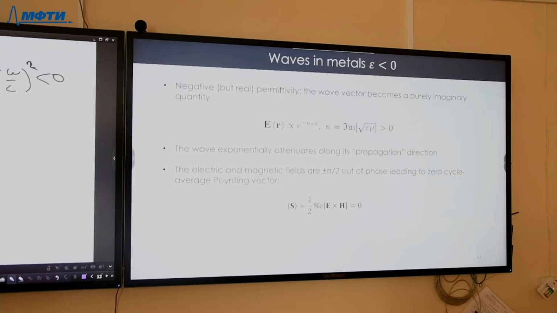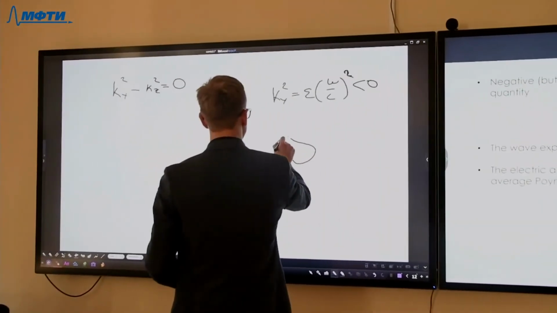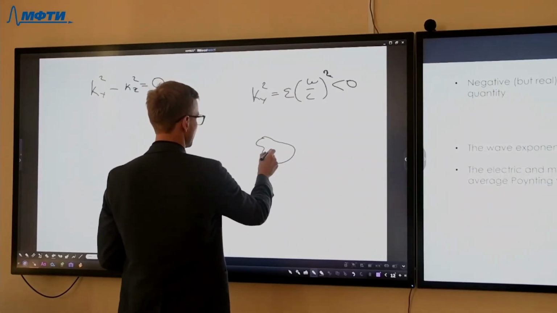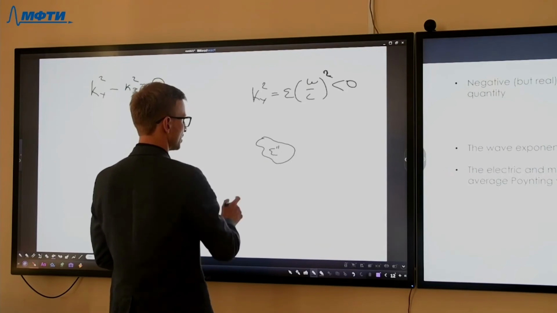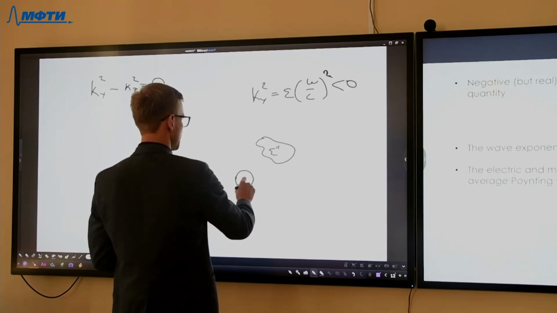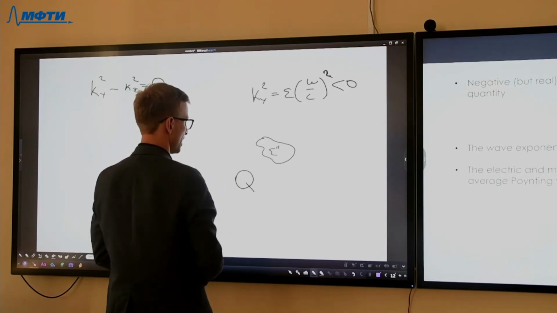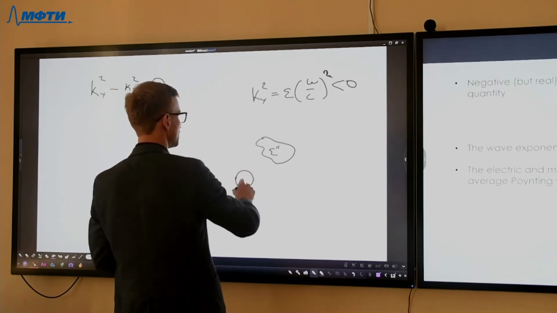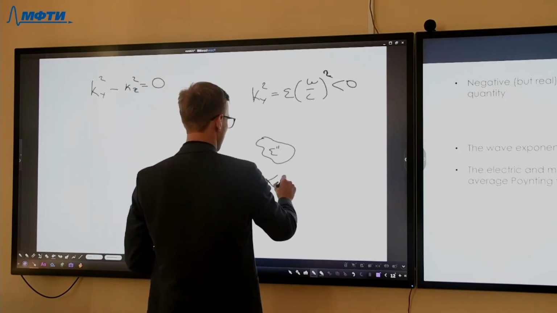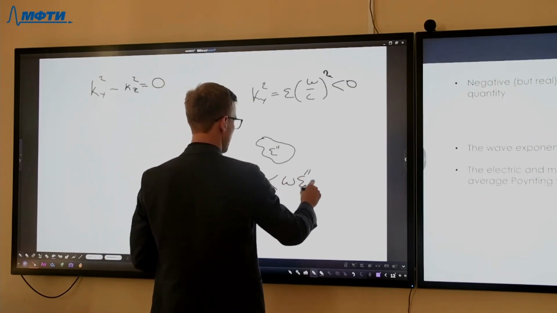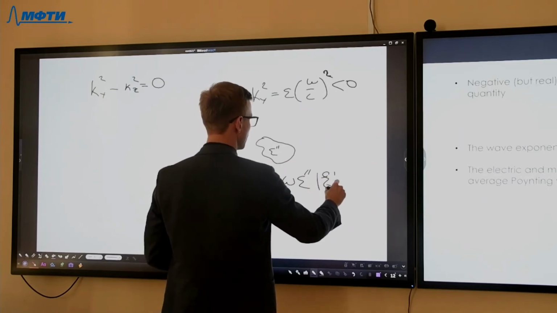Remember that if we have a piece of material with permittivity that has an imaginary part, then there is a dissipation energy rate associated with this piece of material, which is proportional to omega epsilon double prime E squared.